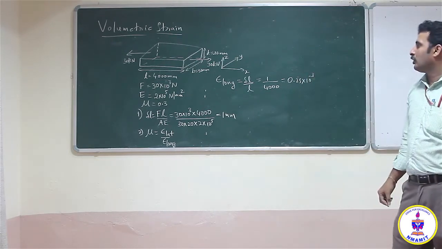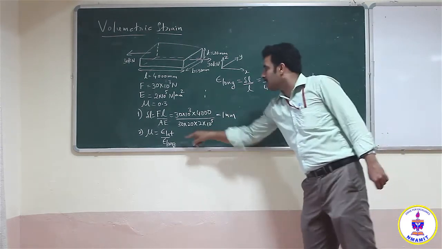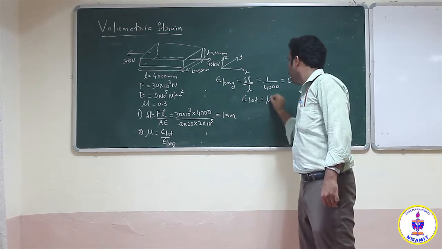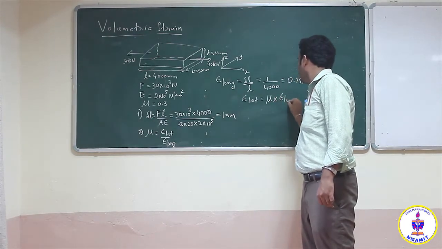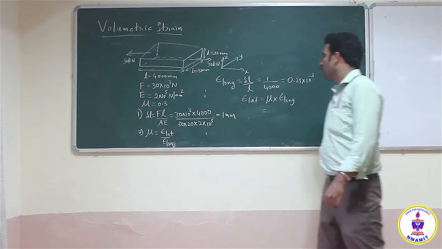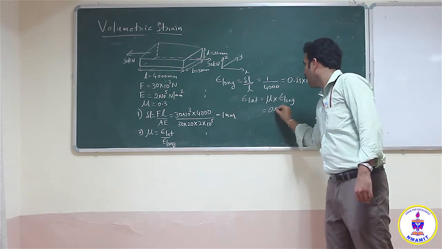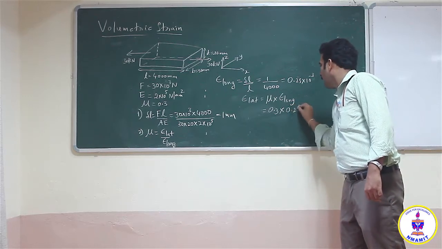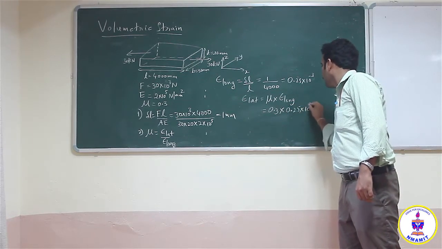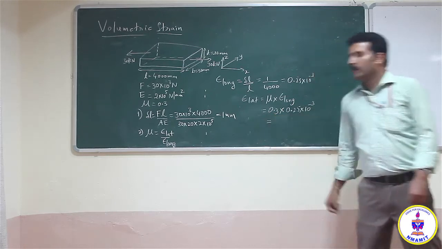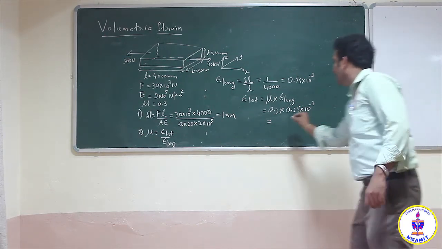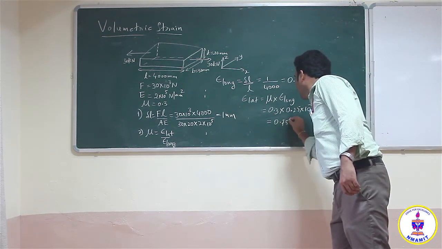From this relation, lateral strain equals mu into longitudinal strain, so 0.3 into 0.25 into 10 power minus 3, which gives 0.75 into 10 power minus 4.